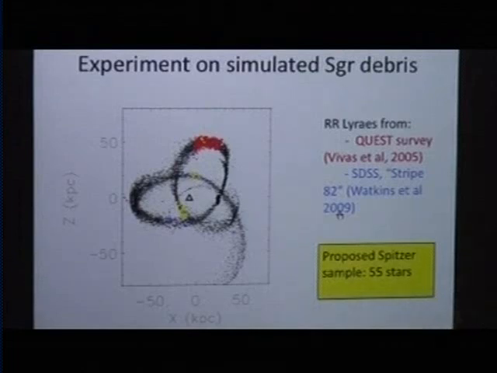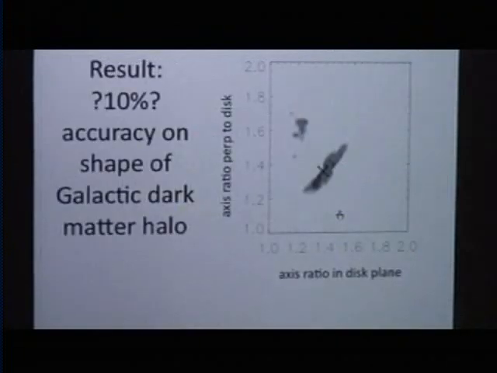So what we do is we observe these in our simulations to test how well we can do. So we give them 2% errors in distances. We give them errors in proper motion from Gaia, and we assume some error on the line of sight velocity. And we ask, well, how well can we do? And this is just a simple example.